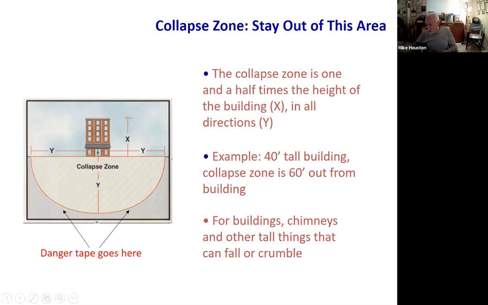So if you have just a two-story residence, and it's an old residence, maybe even unreinforced masonry, and it collapses, the collapse zone is about 1.5 times the height of the building, because when a building collapses, it doesn't collapse just straight down on itself. It collapses in such a way that it spreads parts of itself out in the direction of its collapse. That's why we have to be aware of collapse zones.